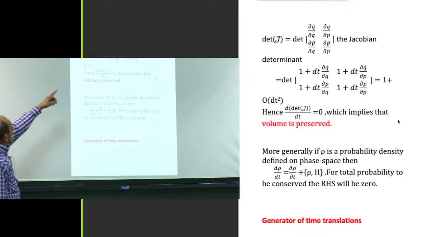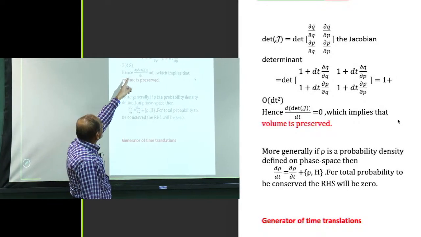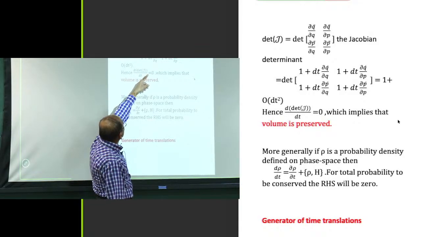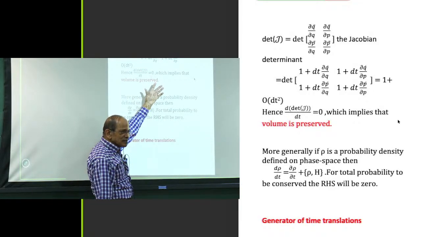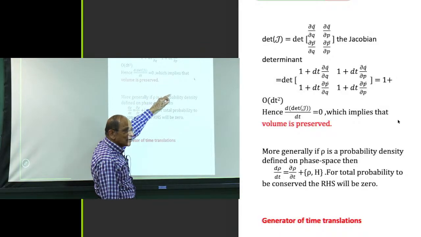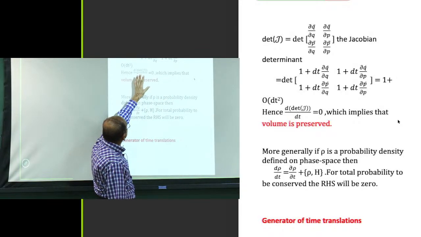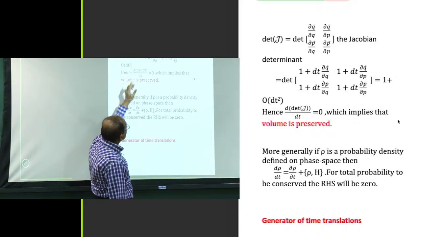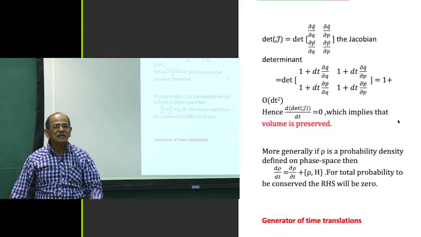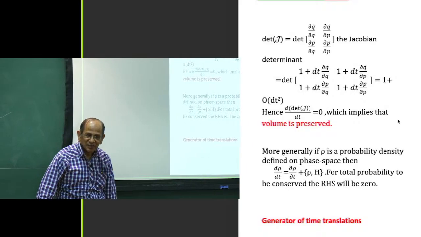That is that matrix there. So to that order, these are the 4 matrix elements, and you expand it, you will get terms of the order of, so first term will be 1 when you set dt equal to 0, plus terms of the order of dt square. There is no term linear in dt.